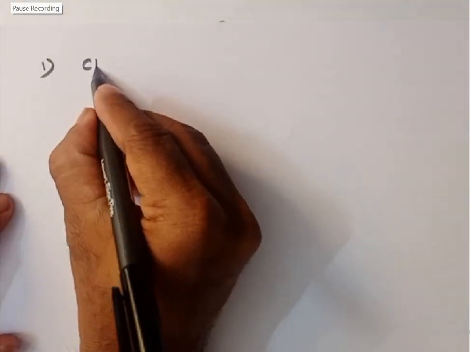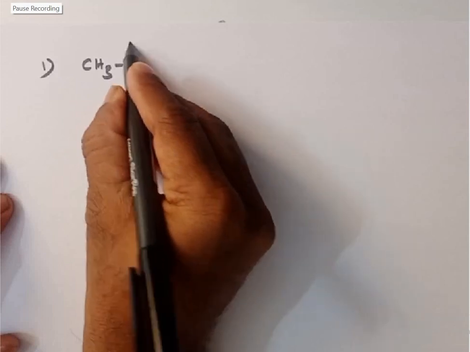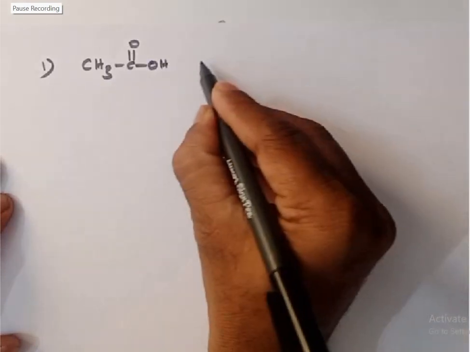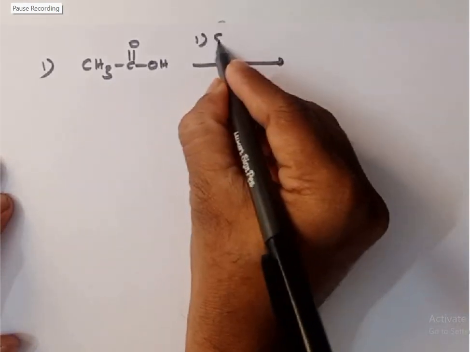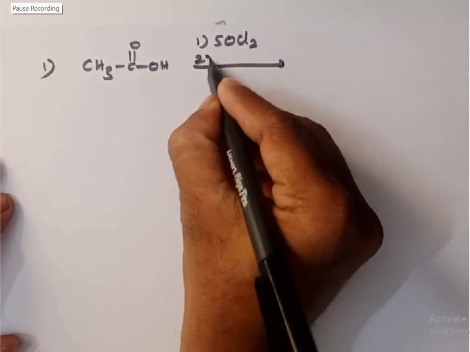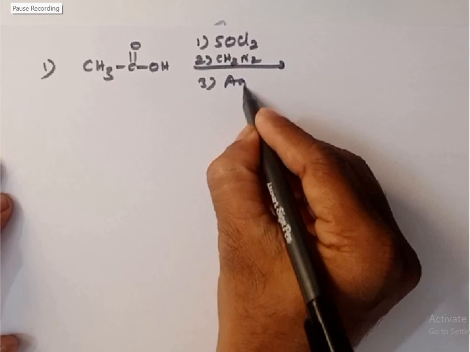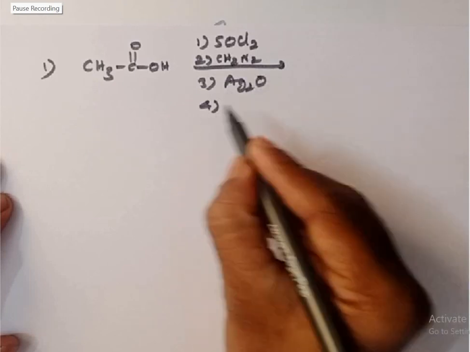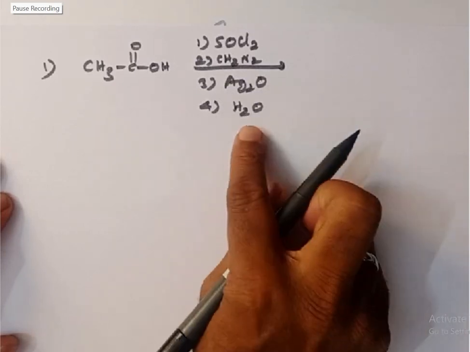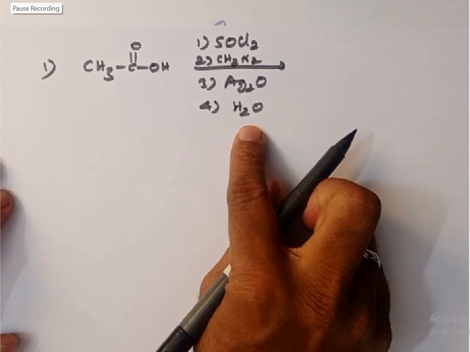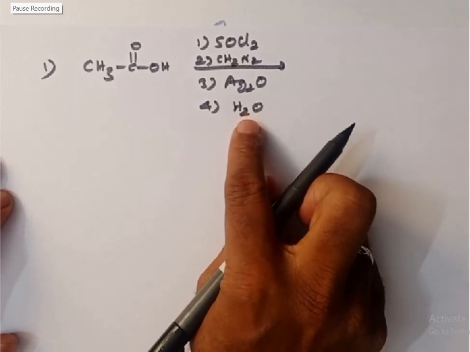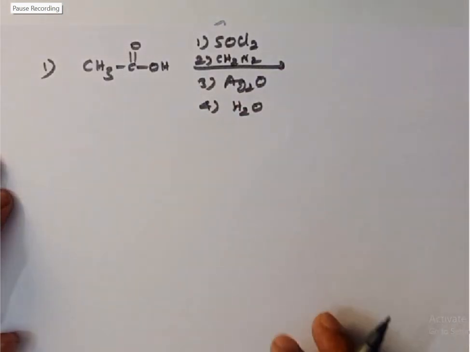Number one, suppose you take acetic acid or ethanoic acid, and treat it with SOCl2, diazomethane, then silver oxide, then fourth one water. If you use water, you will get carboxylic acid. If you use alcohol instead of water, you will get the corresponding ester.